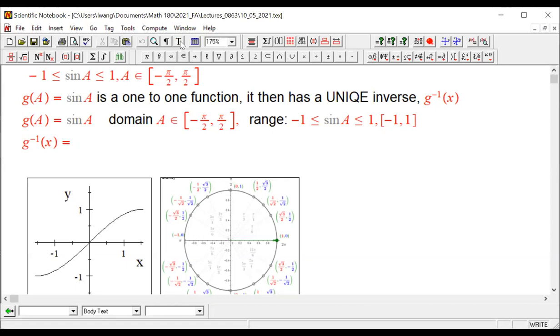What will be the domain of this new function, this inverse function? Its domain is going to be the range of the other, which is the ratio. The function sine of A with the new domain and range, the input is an angle.